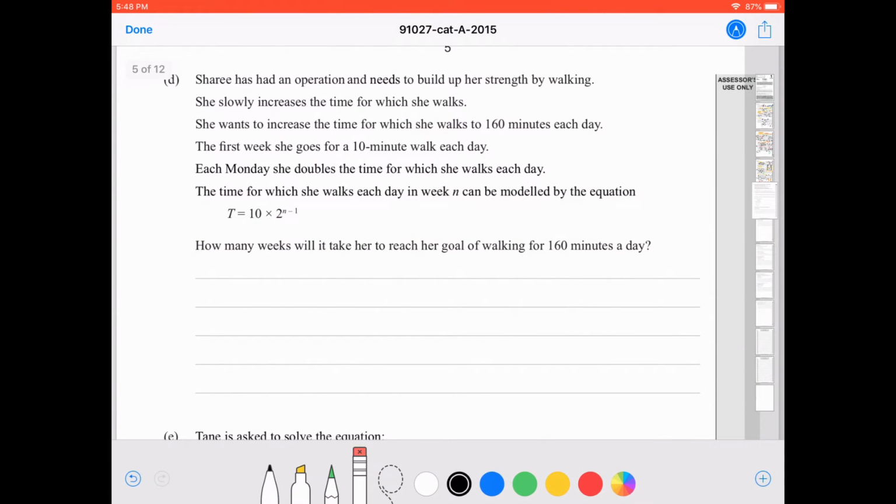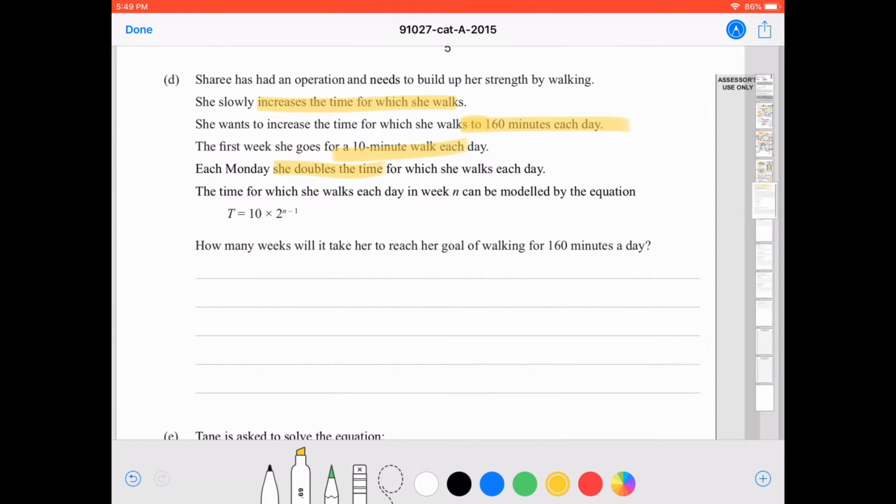It says, Cherie has had an operation and needs to build up her strength by walking. She slowly increases the time for which she walks. She wants to increase the time for which she walks to 160 minutes each day. The first week, she goes for a 10-minute walk each day. Each Monday, she doubles the time for which she walks each day.